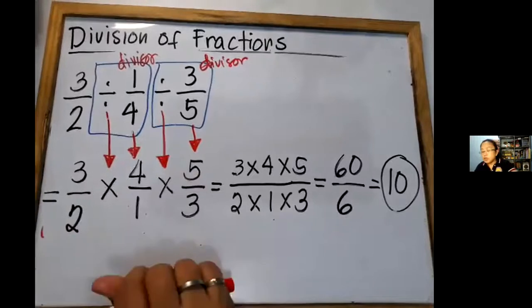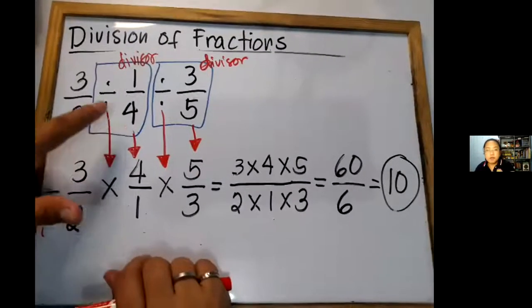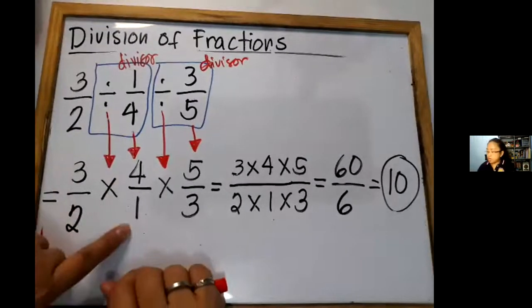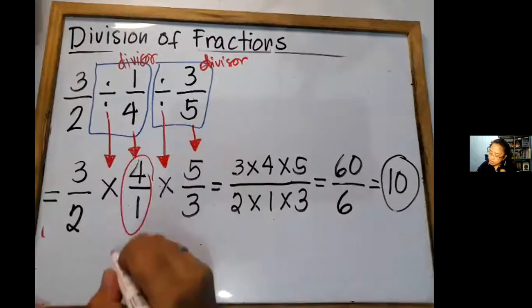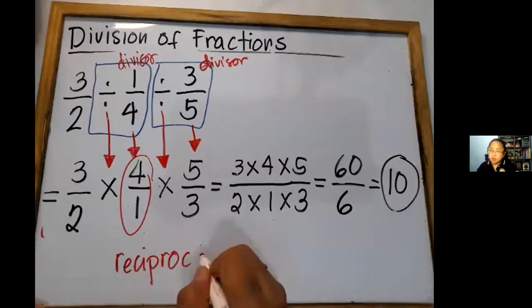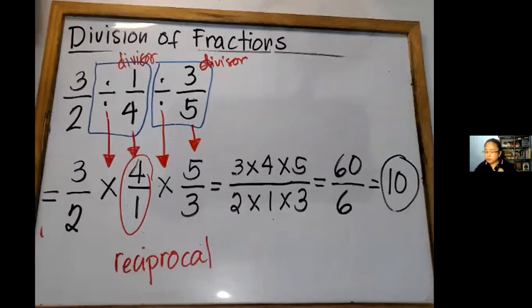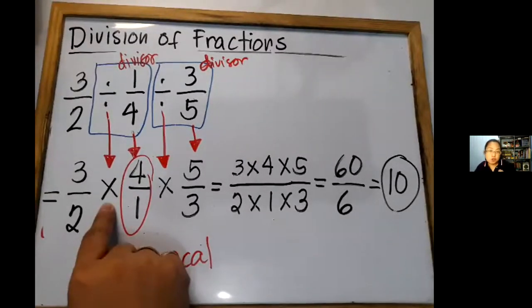Okay? So, once you identify the divisor, you change the divisor, replace that with its reciprocal. Okay? Papalitan na ninyo yung divisor ng kanyang reciprocal. In doing so, pag napalitan nyo na ng reciprocal niya yung divisor, yung division symbol ninyo magiging multiplication.